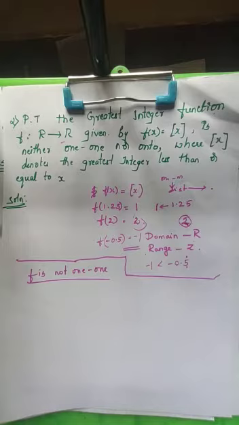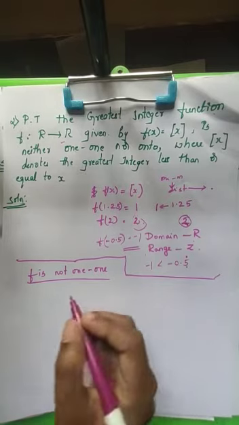Suppose you have to show that it is not 1-1, you should find two elements which have the same image. If you can find two elements which have the same image, then you can say that that particular function is not 1-1. So what examples can you take? You can take many examples. Just think about what kind of examples you can take to show that the given function is not 1-1.